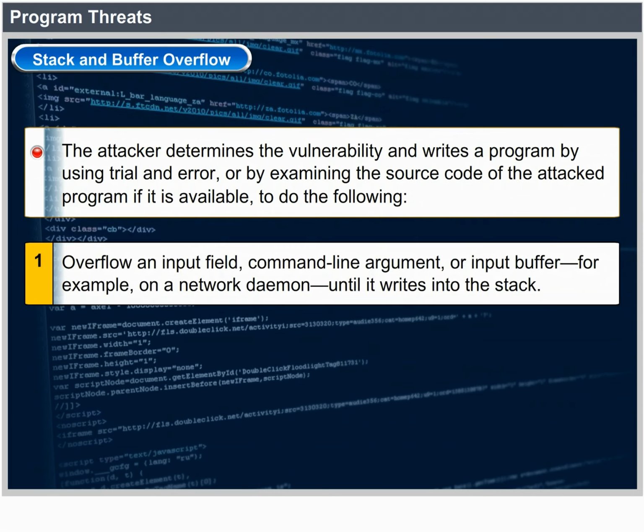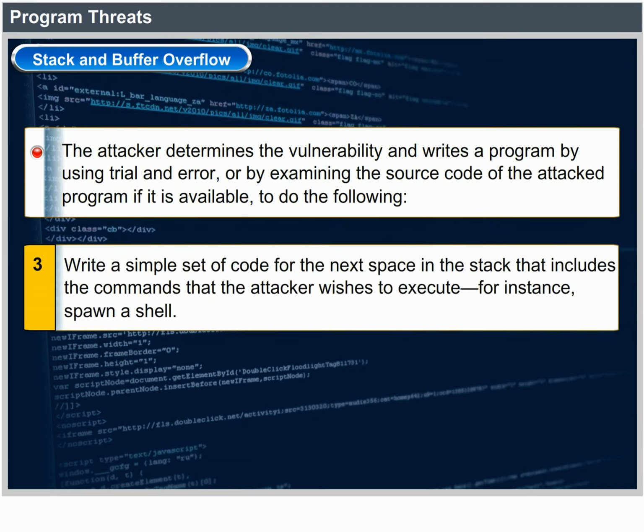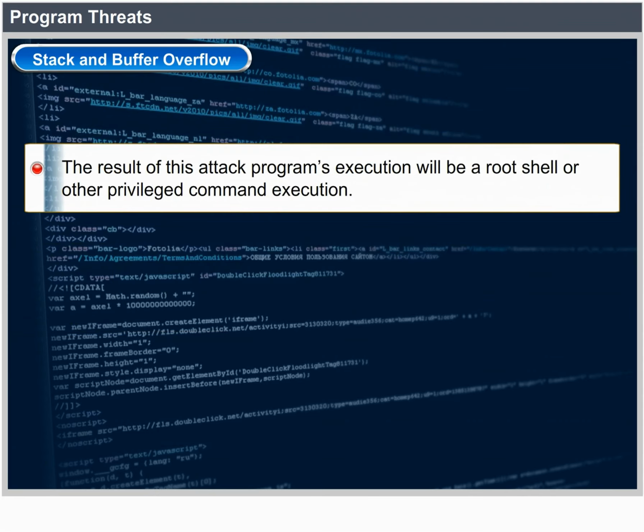Second, overwrite the current return address on the stack with the address of the exploit code loaded in step 3. Third, write a simple set of code for the next space in the stack that includes the commands that the attacker wishes to execute, for instance, spawn a shell. The result of this attack program's execution will be a root shell or other privileged command execution.